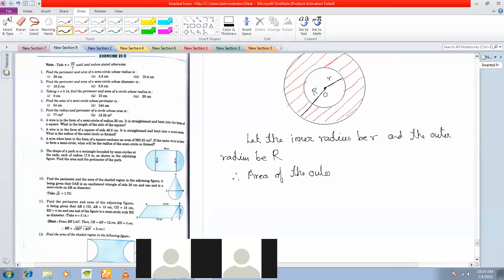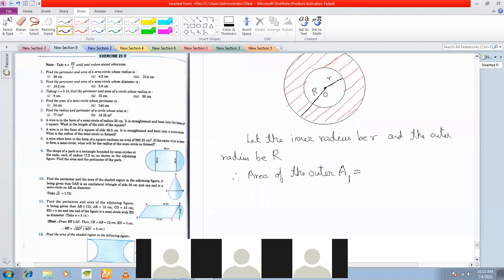What is the formula for area of a circle? Let us call it A1. Area of a circle is pi r square.